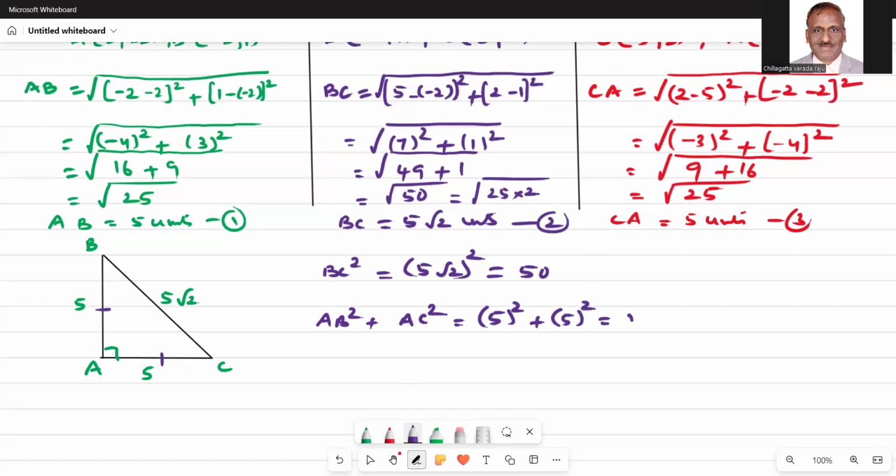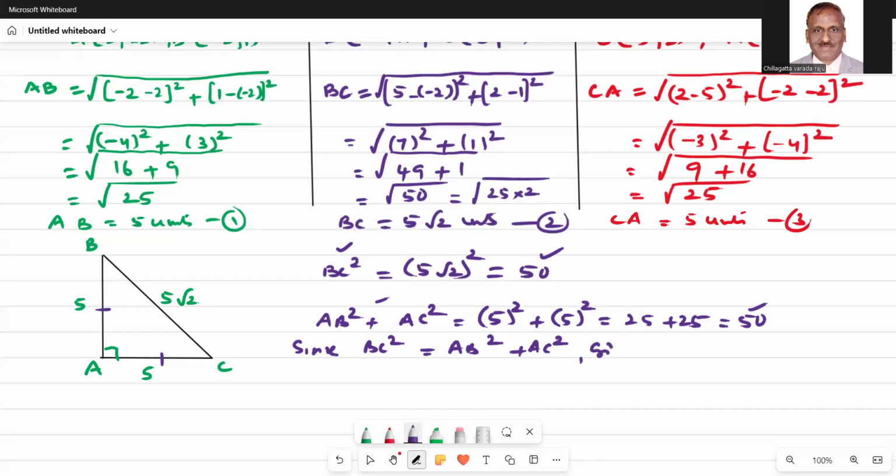That gives you 25 plus 25, which is 50. So compare these values, 50 and 50. RHS are equal means their LHS must be equal. Since BC square is equal to AB square plus AC square.